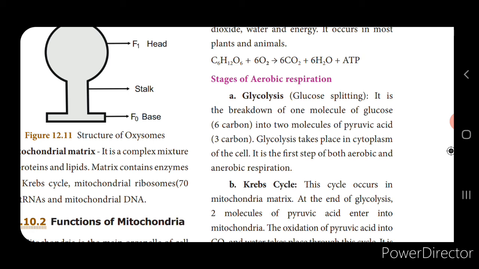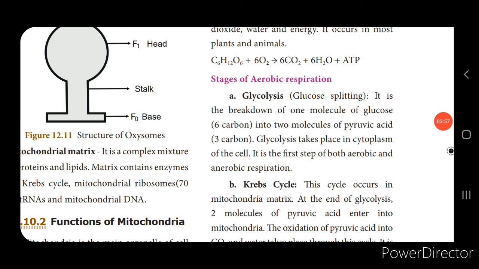And here also carbon dioxide is released and the glucose is converted into ethanol and energy is released in the form of ATP. The difference between the aerobic and anaerobic is that if it takes place in the presence of oxygen, that is aerobic, and if it takes place in the absence of oxygen, then it is anaerobic.